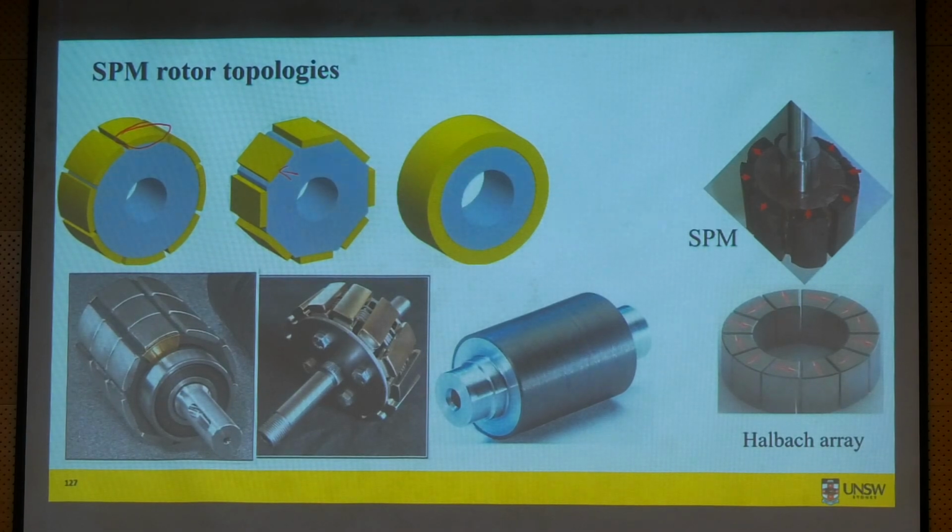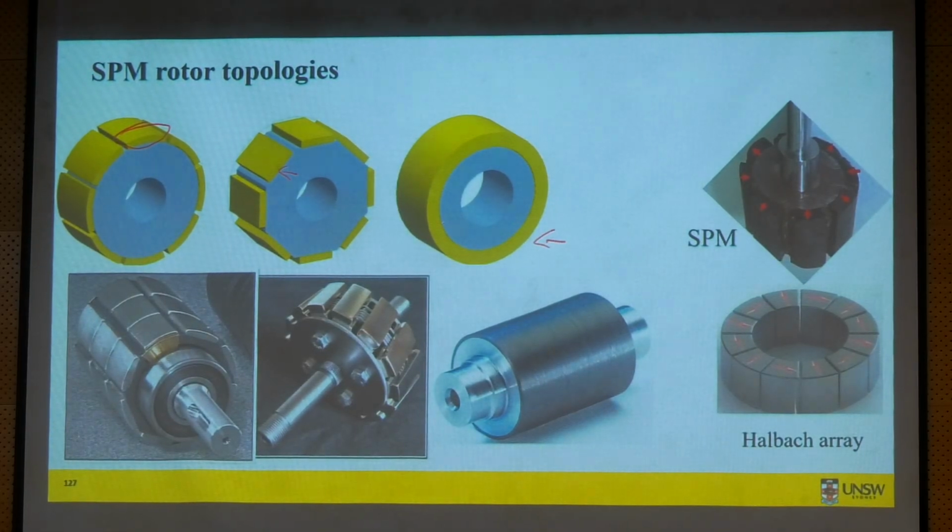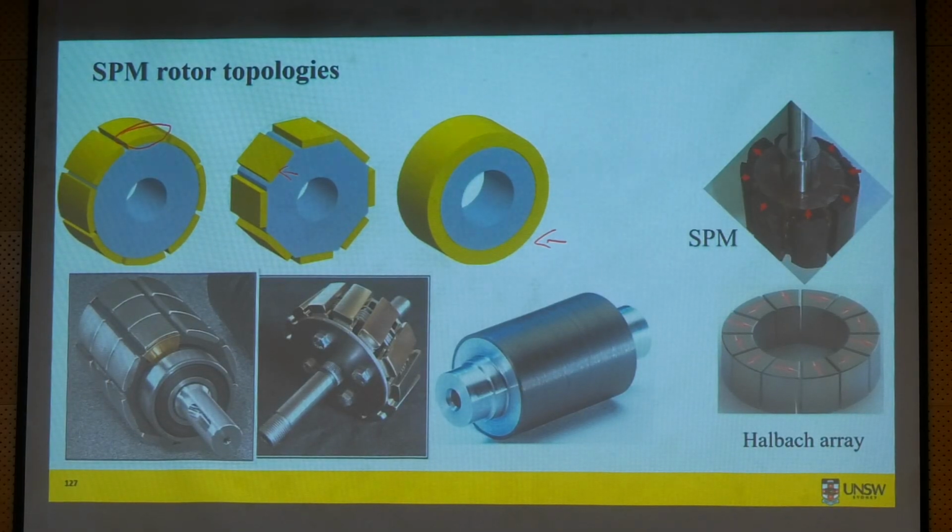And there could also be a complete single ring type magnet for SPM. This type of design is used for very, very high speed SPM motors, like 200, 300,000 RPM, and very small ones. An example is the dentist drill, you know, the dentist drill, they use very, very high speed. So the motor used in those types of applications is something like this.